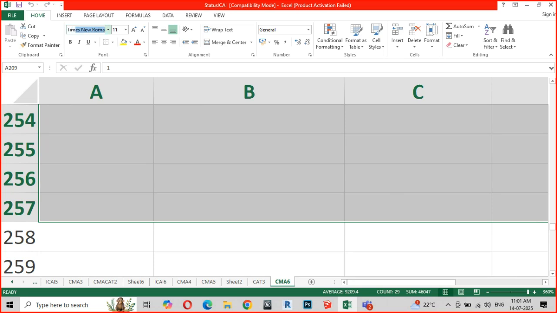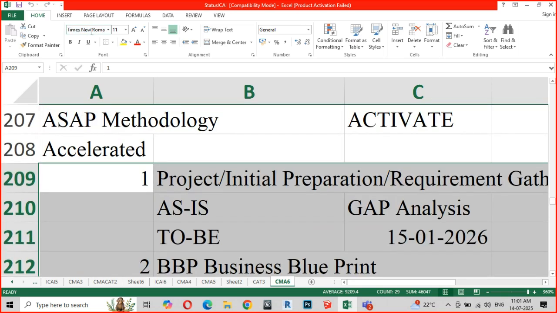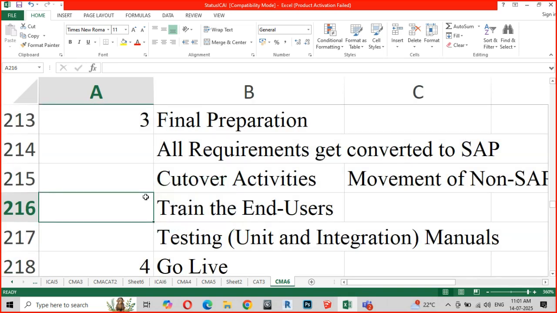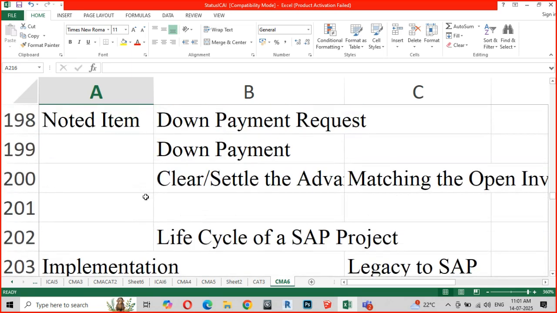Now, we were discussing something very interesting: what are the different kinds of projects you will come across in SAP. If somebody is exposed to a programming language, they would be aware of something called SDLC, the software development life cycle.